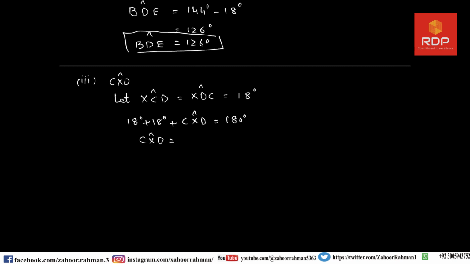CXD is equal to 180 minus 18 minus 18, and when we calculate it, it will be equal to 144. So in this case we found the value of this.